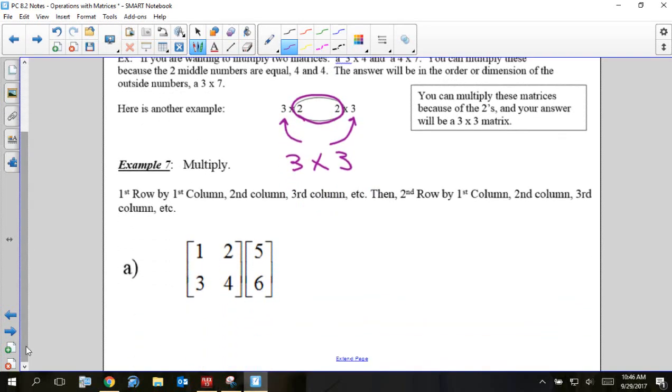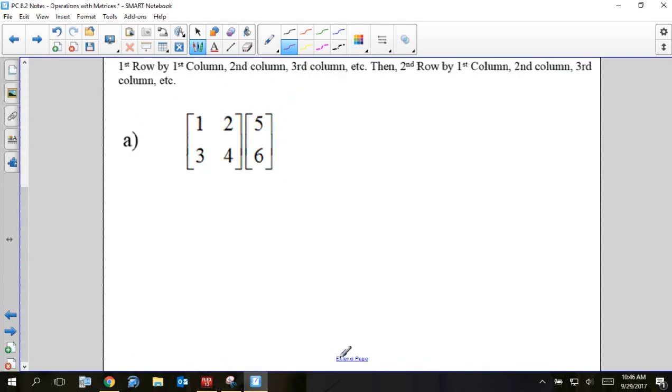So example 7, question A. We should first check to make sure that we can multiply them. So we find the dimensions of each matrix. How do you find dimensions? What by what? What do we do first? Row by column. We can remember RC Cola, row by column.